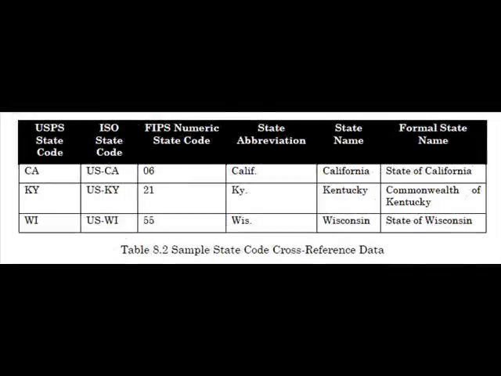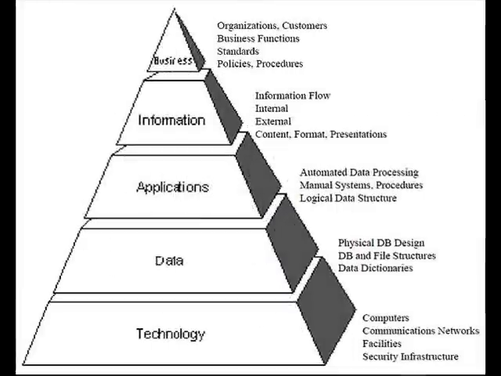Some reference datasets cross-reference multiple code values representing the same things. Different application databases may use different code sets to represent the same conceptual attribute. This is important because the information that's going to be presented to the user may be coming from different applications, which are sitting between the data and the information.